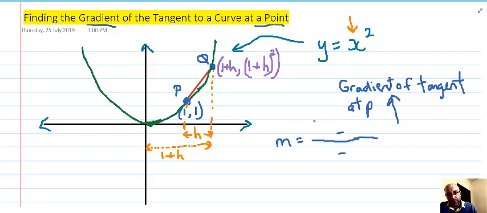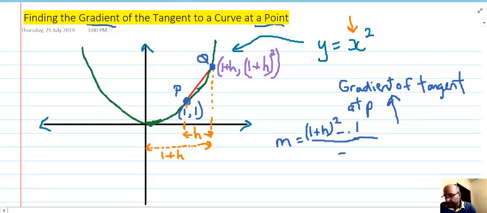So it'll be the difference between the y values over the difference between the x values. We have (1 plus h) all squared for the y value of point Q, minus 1 for the y value of point P, and we have the x value for point Q minus the x value for point P. Using our binomial expansion, we've got 1 squared plus 2 times 1 times h plus h squared, minus 1, expanded out on the top.